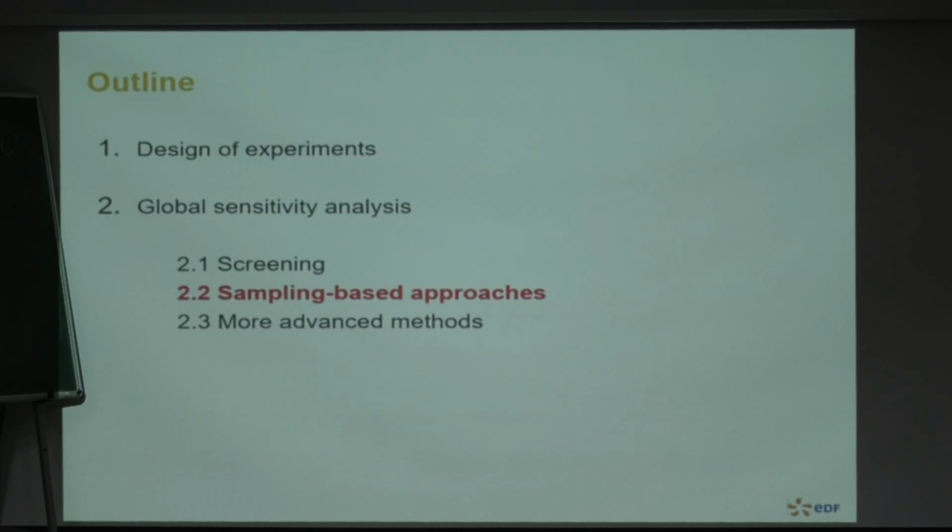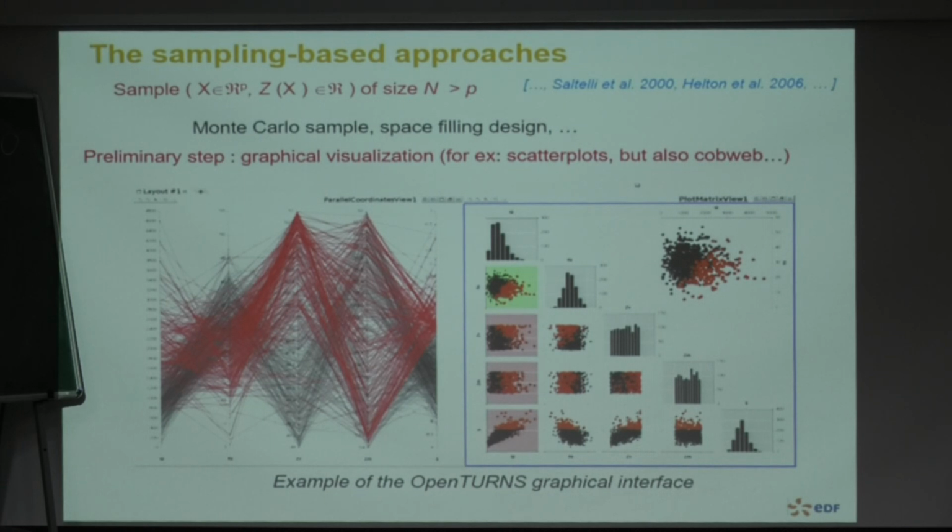So now I want to pass to what we call the sampling-based approach, which first uses very classical statistics. Is there someone here who knows the parallel coordinate plot, which is a standard tool in data analysis? It's not so standard if you don't know.